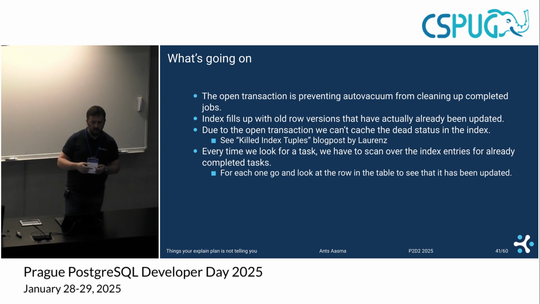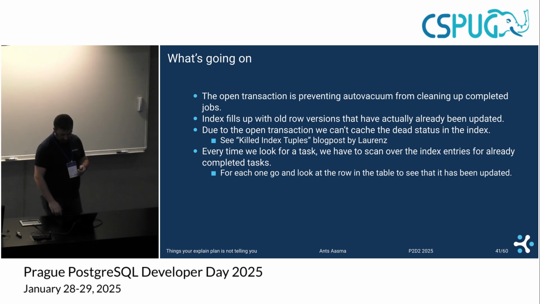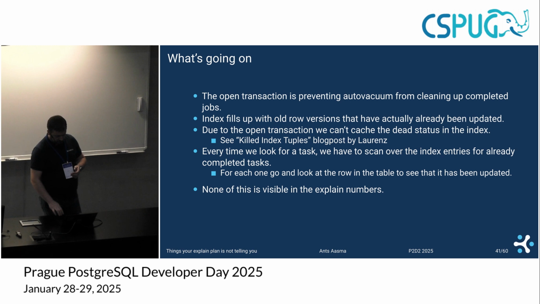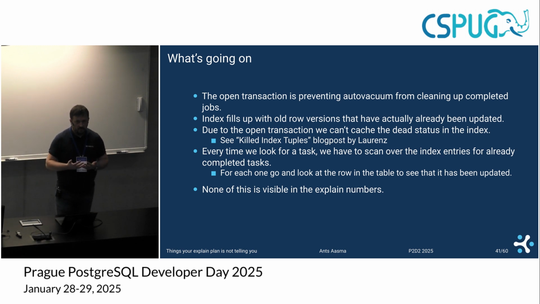And we have to do this like hundreds of thousands of times. And this is why we are looking at so many different pages there. And none of this work is actually visible in the explain plan. So we see that the pages are being accessed, but we cannot tell why.